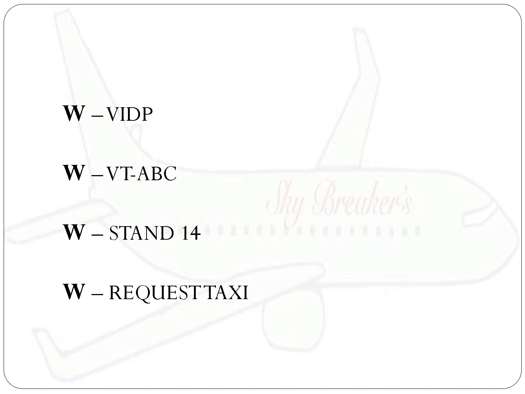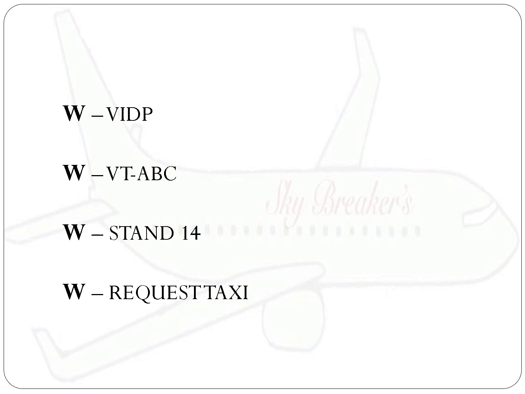The third W, the position of the aircraft, I have given stand or bay 14. The fourth W, what do you want, that is this aircraft requests taxi instruction. If you know about this 4W, you can easily make the procedures.